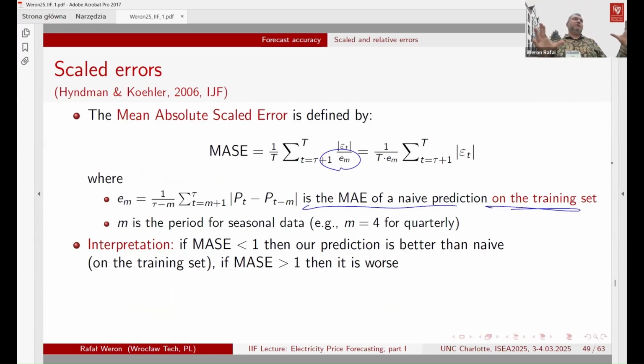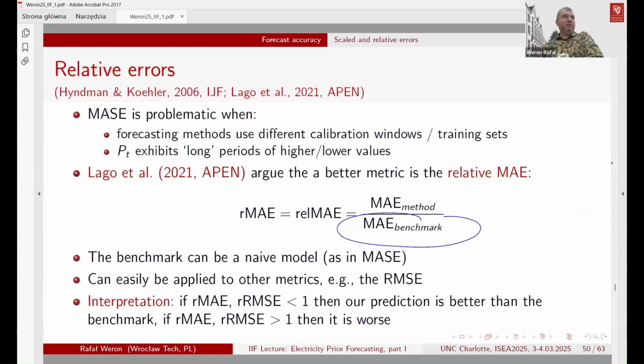So this is the main difference between scaled errors and relative errors. With scaled errors, if you have models which use different calibration windows, with different training sets, then you cannot really use scaled errors because they will be defined on different sets. Since we are quite often using different calibration windows in our models, we prefer to use relative errors.